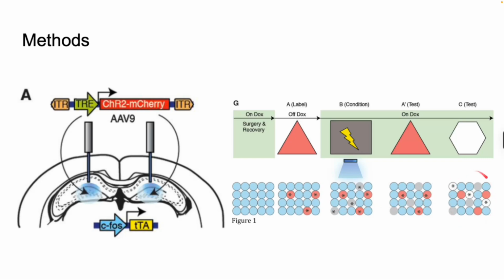And then in C, they also aren't going to produce cells that are activated by light. And so the only cells that should have this channel rhodopsin 2 in the mCherry tag are going to be the ones that are for context A. Good job. Does anybody have any questions about the methods before we move on to the results?